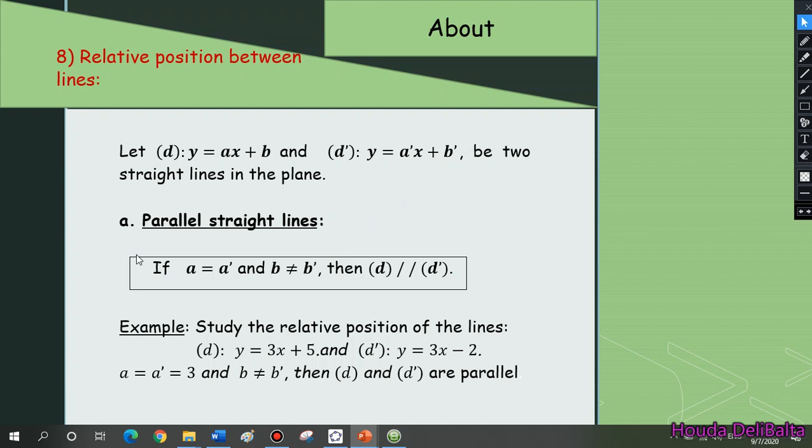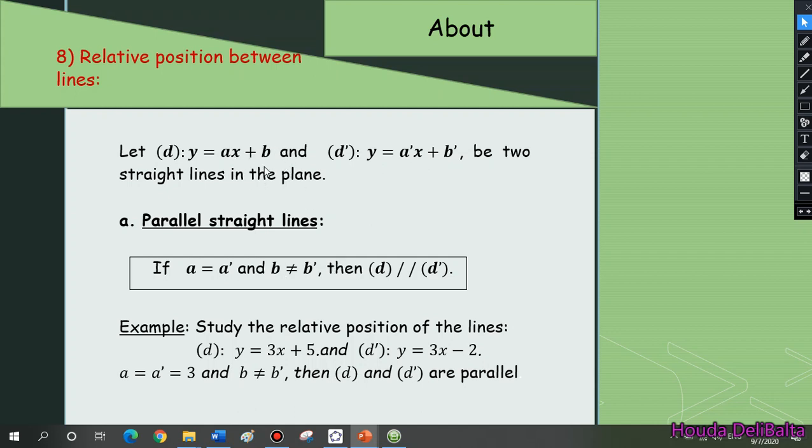These straight lines are said to be parallel if a equals a prime and b doesn't equal b prime. What does that mean? That means that two lines are said to be parallel if they have equal slopes. So a equals a prime means the lines have equal slopes, and b is not equal to b prime.